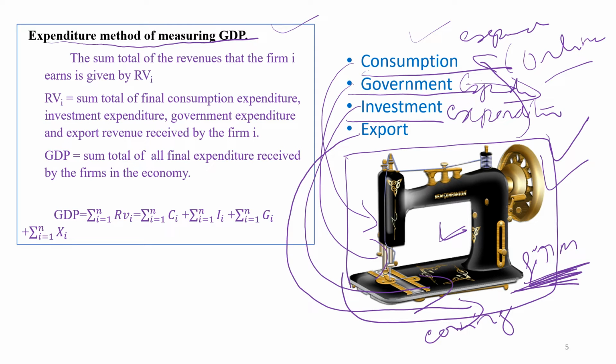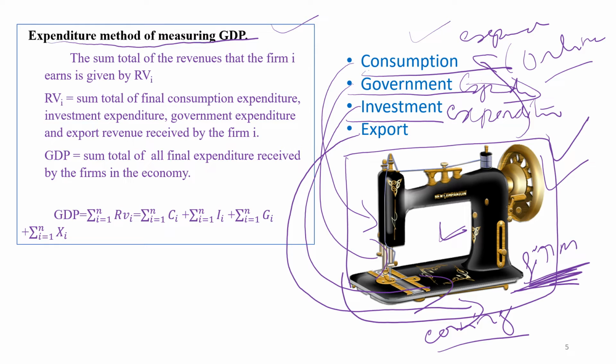And when it exports to other countries, it will receive export revenue receipts, and that we call export earnings by a firm. So the firm will receive payment from the consumer sector, the government sector and private investment sectors, even from the foreign sector.